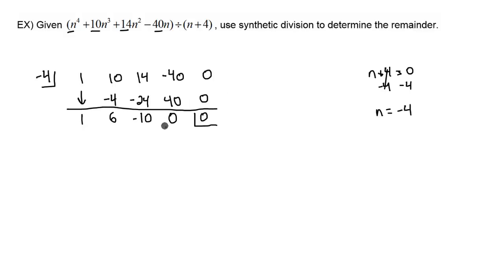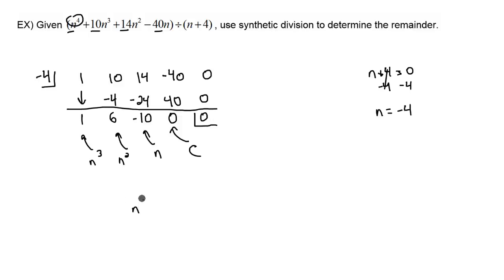So just for some extra practice, I'll go ahead and write the quotient. So this now is our constant. This is going to be our n term, this is going to be our n squared, and this is going to be our n cubed. Or you could say that our polynomial up here has a degree of 4, so then I start with a degree of 3.